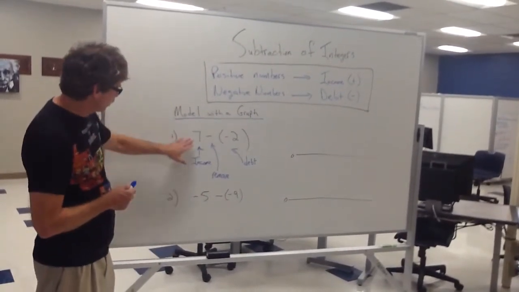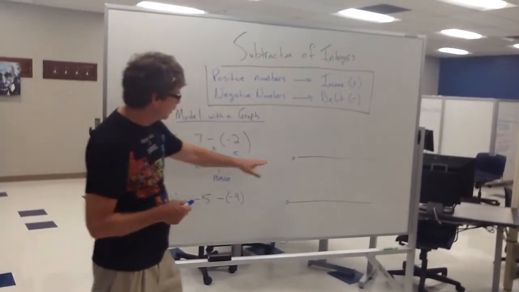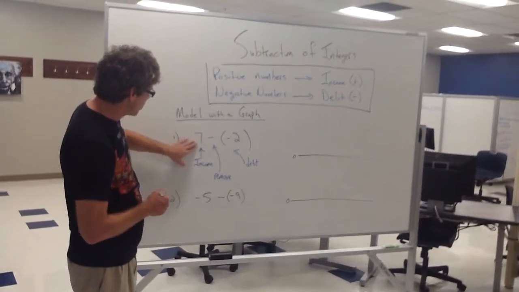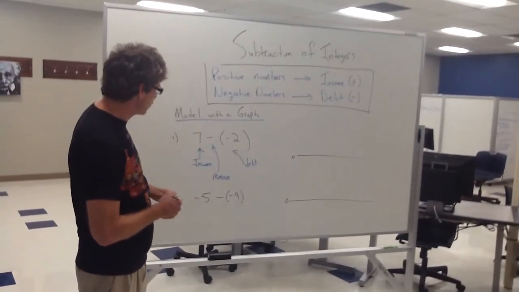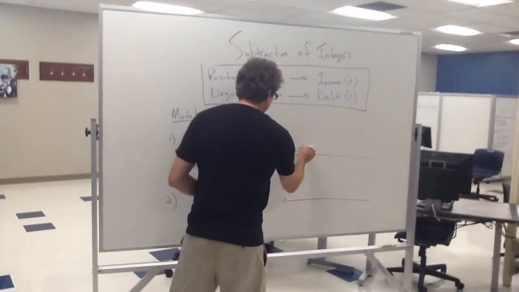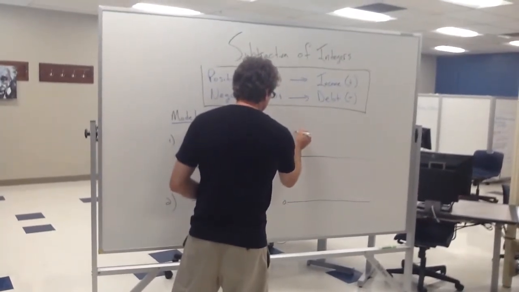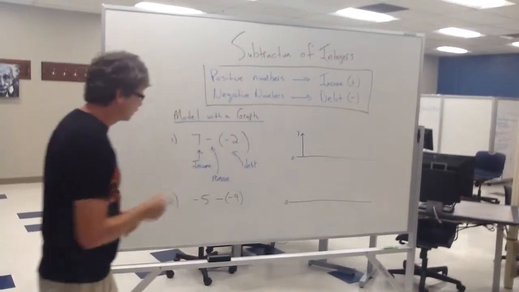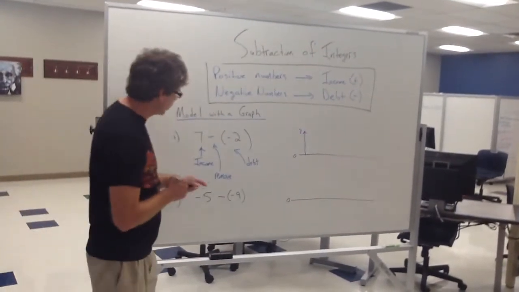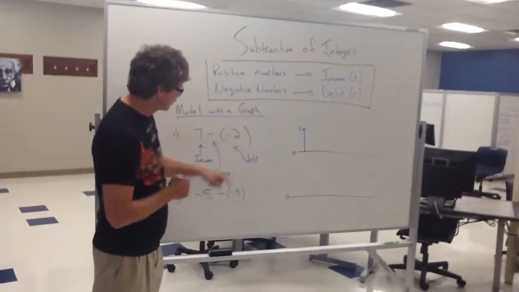Okay? So when I follow this problem through, and this is my baseline, we're going to start at 0. If I have income, my income of $7 should make my value go up. So from the baseline, we're going to go up, and I'm just going to sketch up to about this spot here. We've gone up, we'll say that's up $7 in income. The tricky thing is focusing on removing debt.